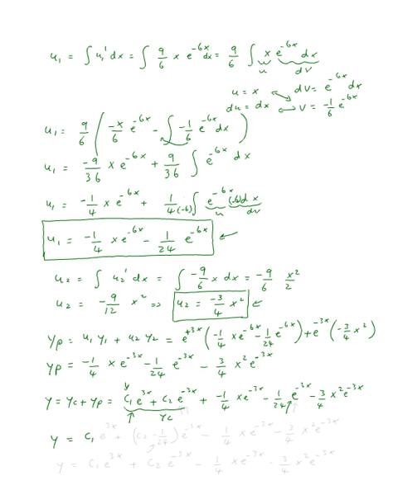Actually, adding that one and this one, this is going to be c1 e^(3x). Let me rewrite it. If I add this one and that one, I'll get c2 minus 1/24 e^(-3x), and then the rest I can't do anything about. It's minus 1/4 x e^(-3x) minus 3/4 x squared e^(-3x).